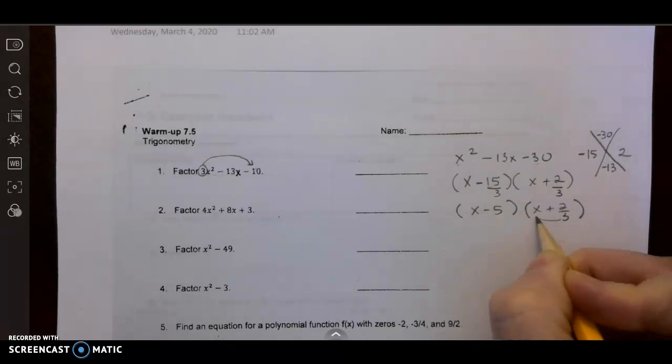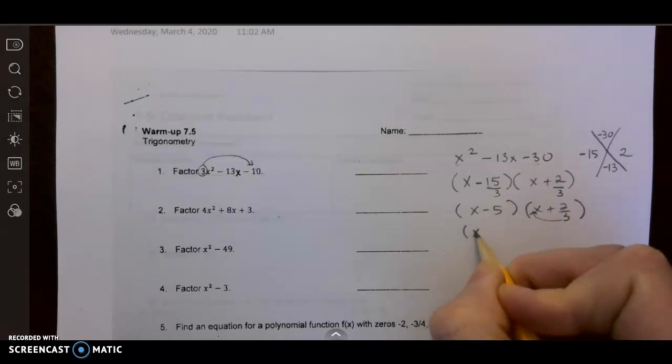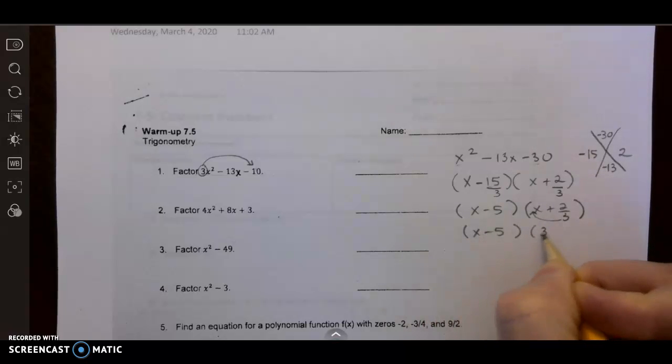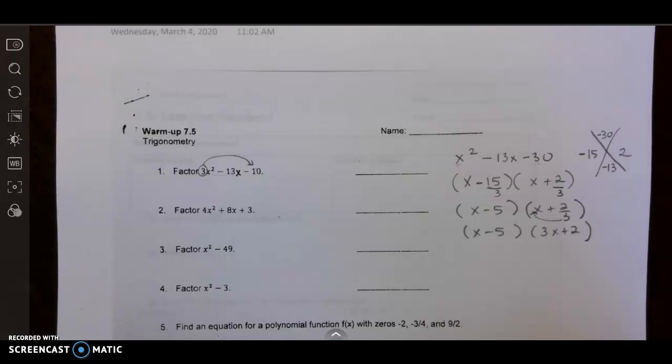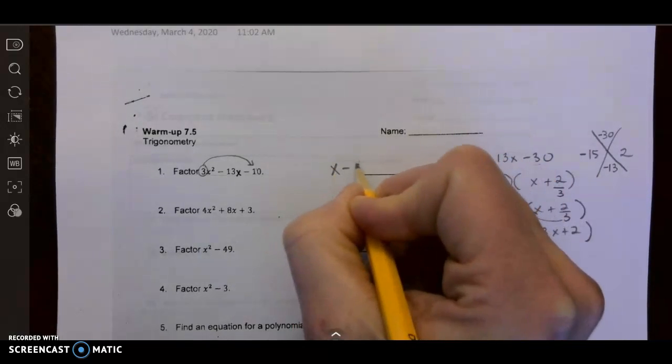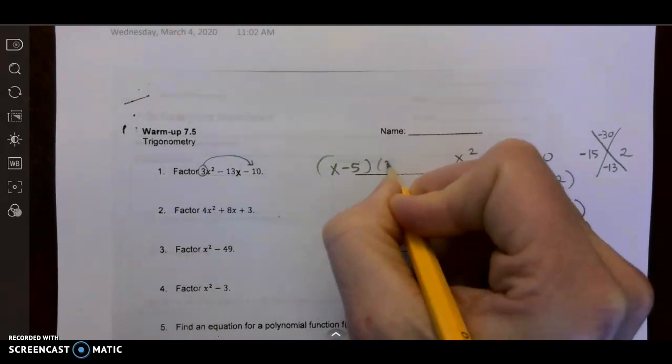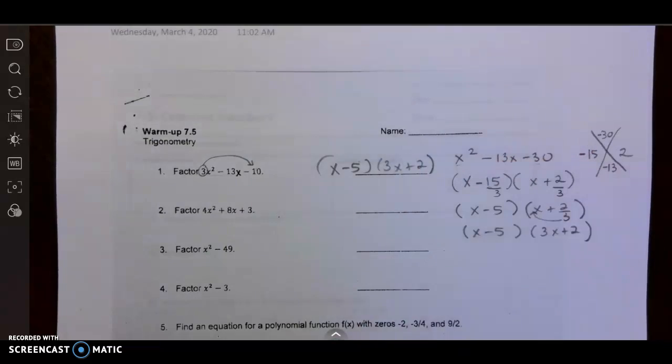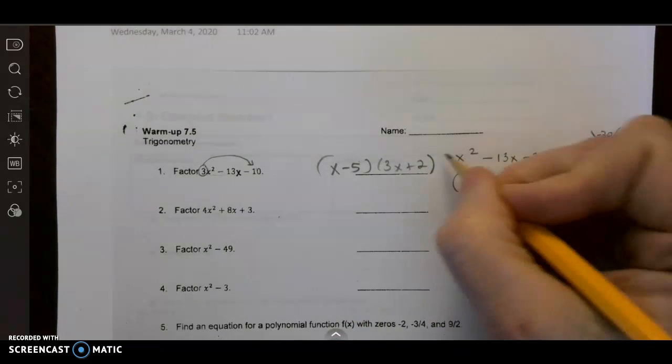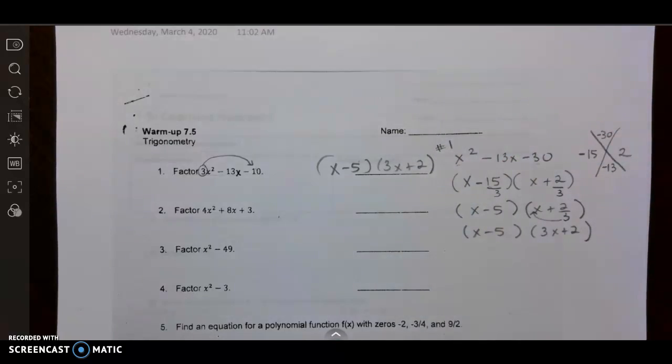And then I need to move that denominator. So there's my answer, x minus 5 and 3x plus 2. So this was all my work for number 1.